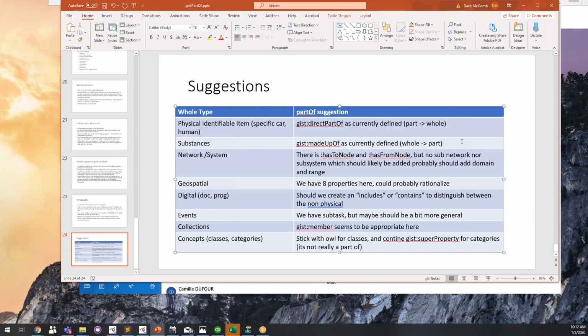The reason I never use is made up of is we never have instances of substances. Because the substance is the physical stuff, and we never have instances of some portion of physical stuff. We might talk about 3 ounces of gold or aluminum, but we never talk about 3 specific ounces of gold. The only time you do that is if it's being shipped from A to B. If it's a batch, I worked at a paper mill, and we had batches that were the source for individual rolls of paper.